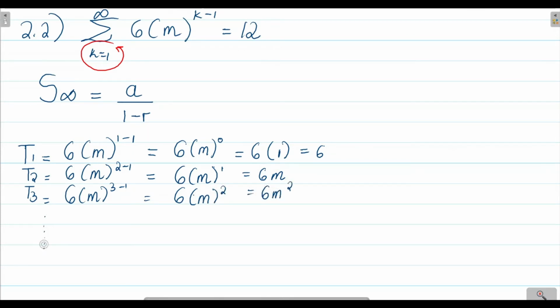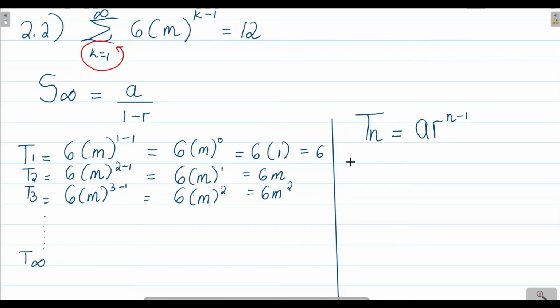Obviously, you need to continue all the way to infinity, but we're not going to do that, because just getting the first 3 terms will help us get our answer. It's not practical to go on and on. Another thing we know when dealing with a geometric series or sequence is the formula Tn equals a times r to the power of n minus 1.